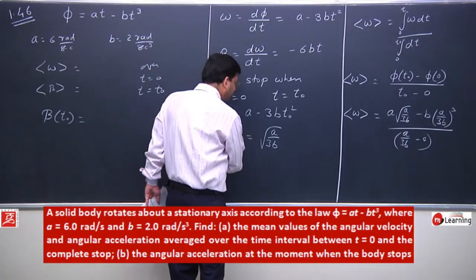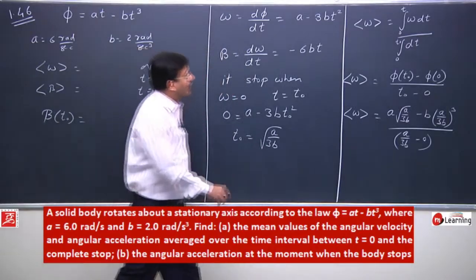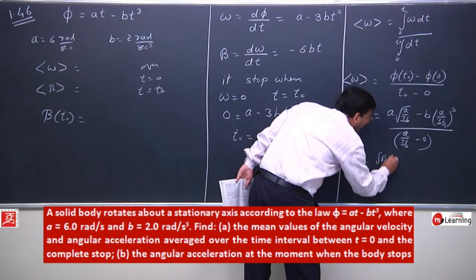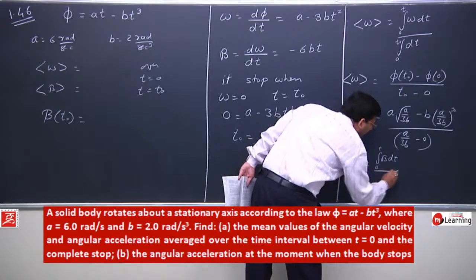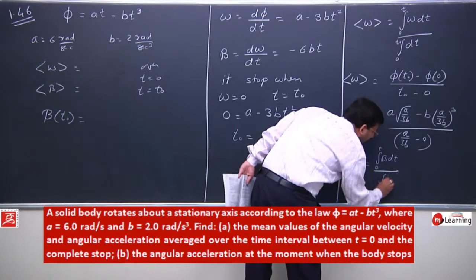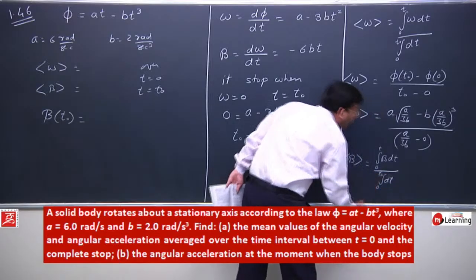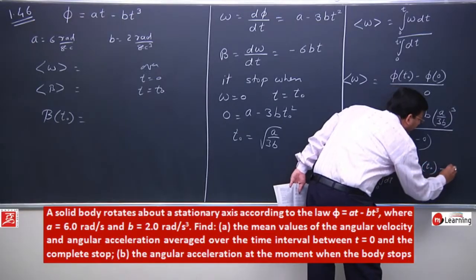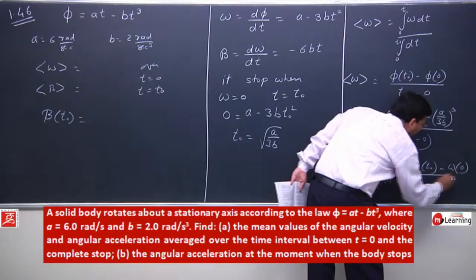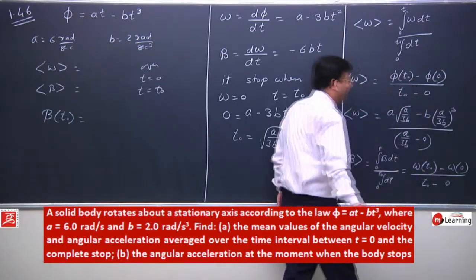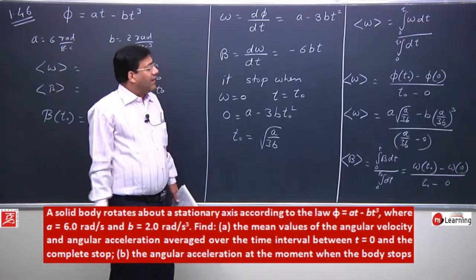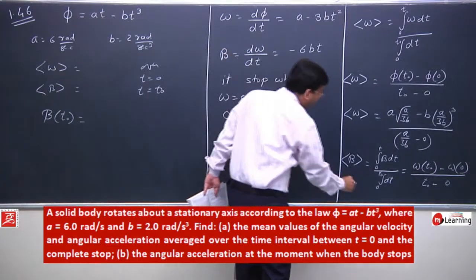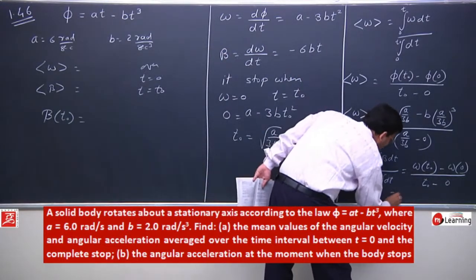This is the mean angular velocity, average over time. In the similar manner, mean of angular acceleration is defined as integral of beta dt over 0 to t naught upon integral of dt over 0 to t naught. Or we may define it as angular velocity at t naught time minus angular velocity at 0 time upon t naught minus 0. I will substitute it here like this.